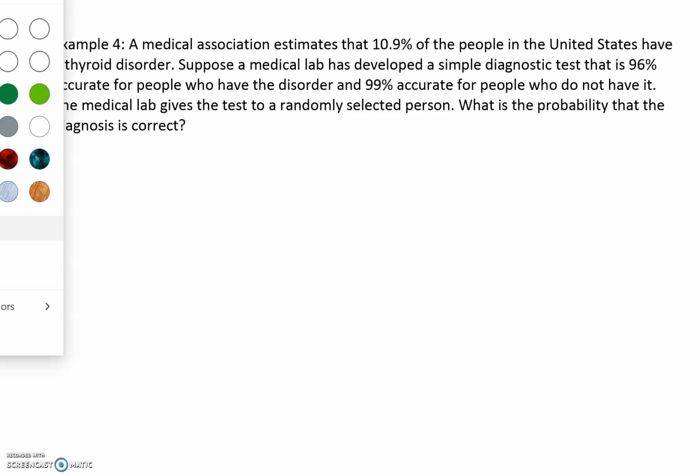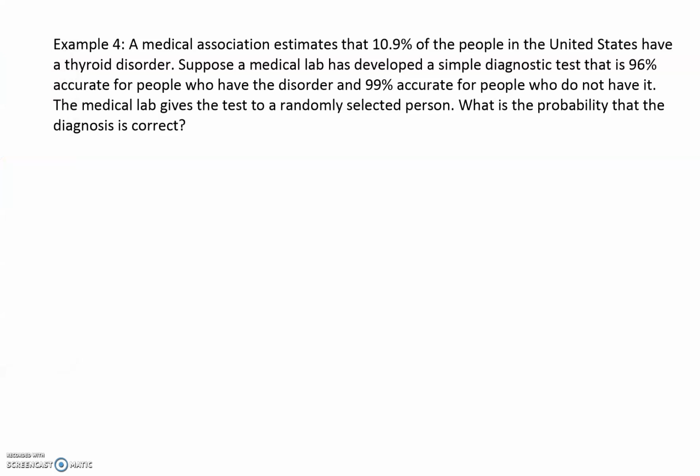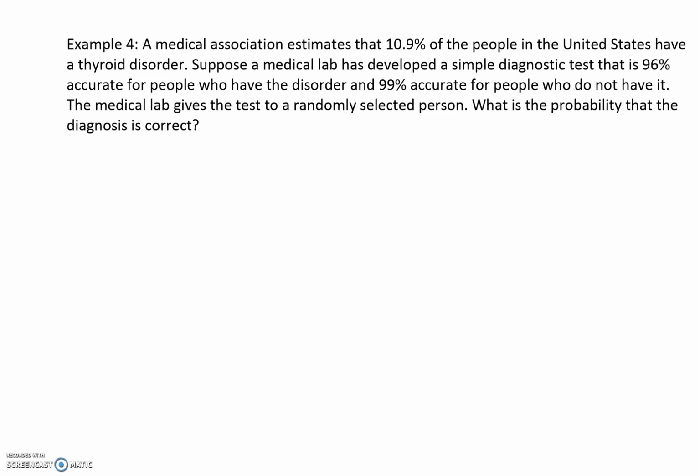So before we just dive into this and say, well, isn't it 96% accurate? Wait, it could also be 99% accurate. Is it both of those? Well, that's where we have to look at how we know if it's correct. We actually have two different outcomes if it's correct.